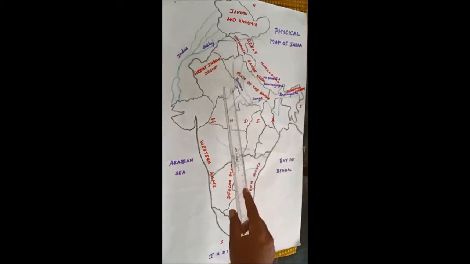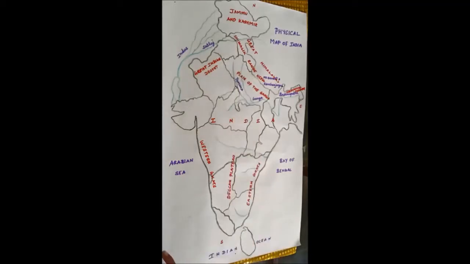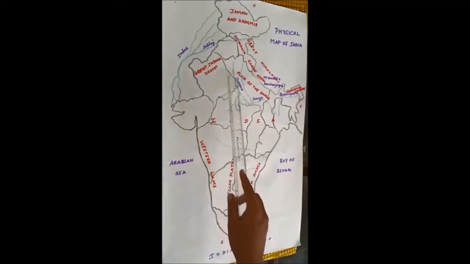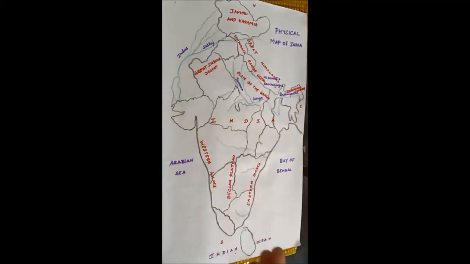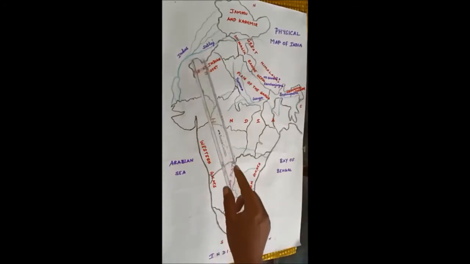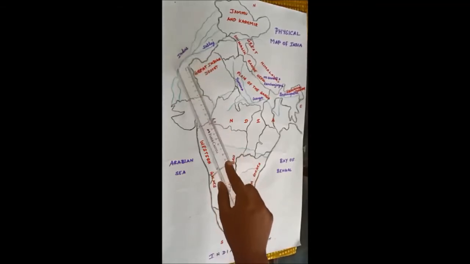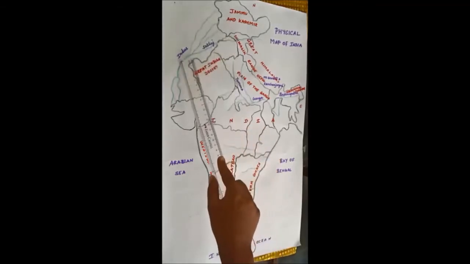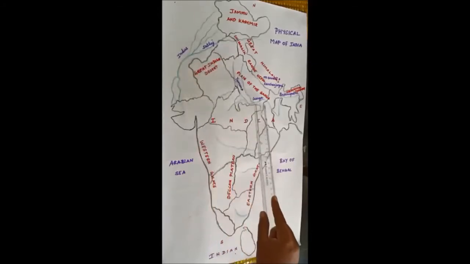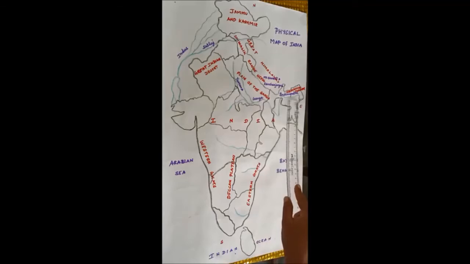When we move to the northern plains, what I said, students, I said about the 3 great rivers, isn't it? The first one is Indus, the second one is Ganga, and the third one is Brahmaputra.